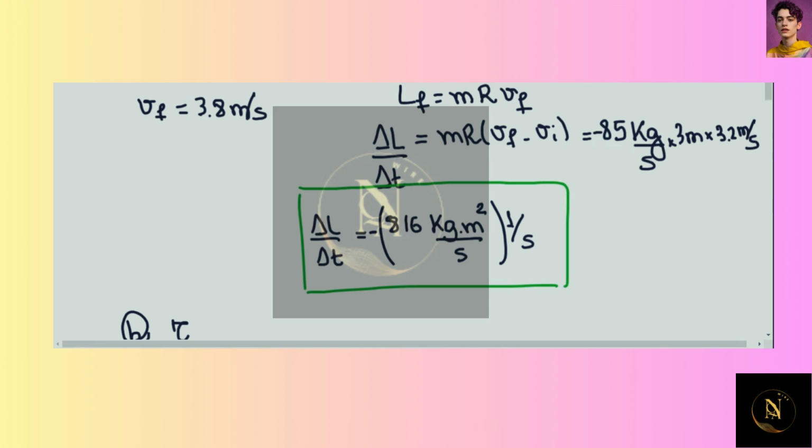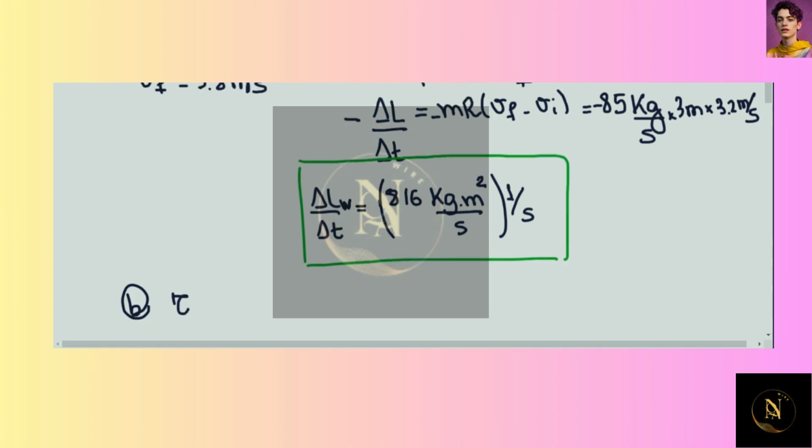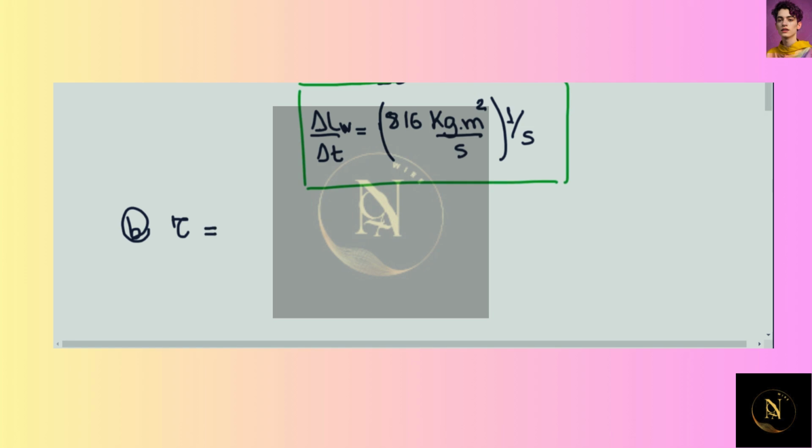So the negative sign vanishes, and we have just the positive sign here. So I'm going to put a minus sign here just to calculate the change in angular momentum of the water wheel. I'm going to even write it as delta LW. Then we have to calculate the torque. Remember that the torque is just the change in the angular momentum of the water wheel divided by the time. So it's exactly the same as before, as in A, 816 kilograms meters squared per second per second.